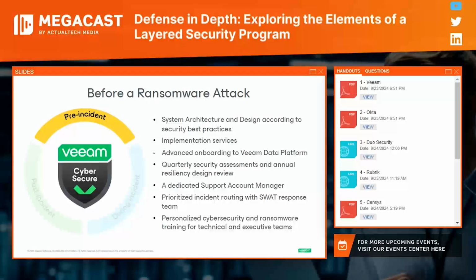And then a key piece here is staying up to date, having personalized or scheduled sessions to keep learning about ransomware.